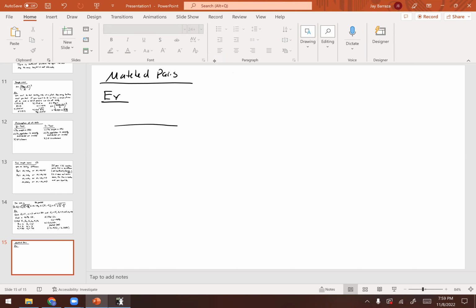So here's the example. I'm gonna give you a table of values. This is the height of president, and then height of opponent, and both of these are in centimeters.